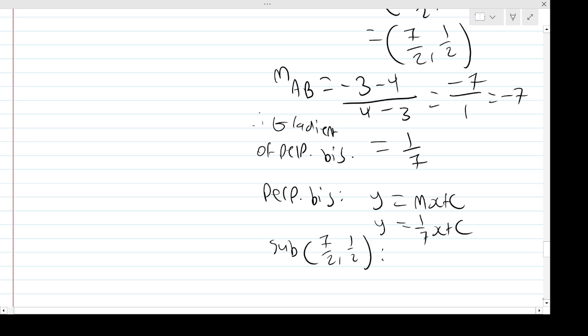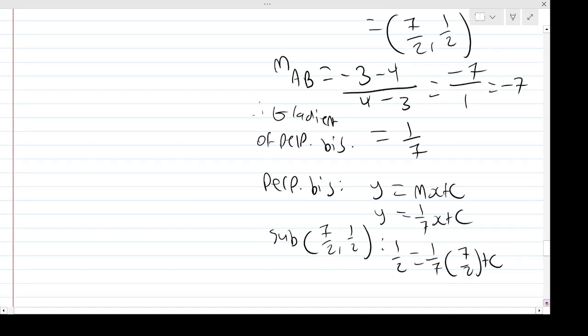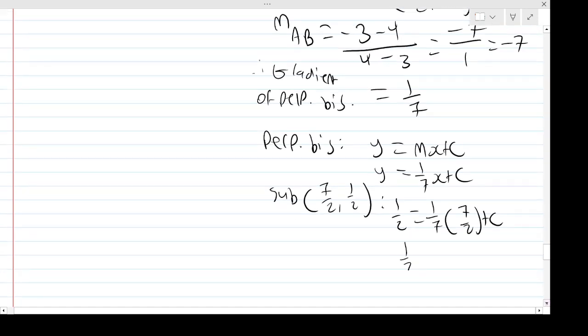into the line. So we're going to get y, which is a half, is equal to 1/7 of 7/2 plus c. Therefore, simplify that: half is, that'll be 1/7 times 7/2. If you work that out, that should give me a half, right? Half plus c.